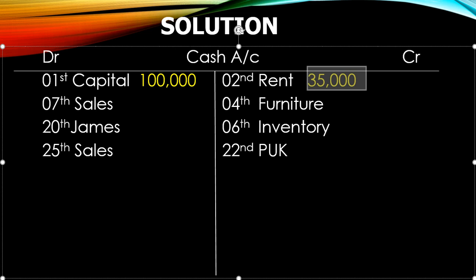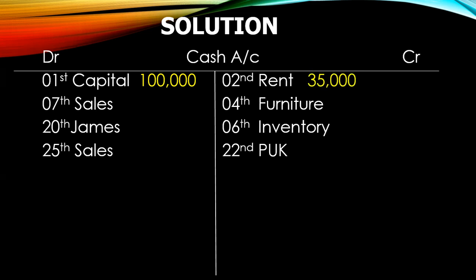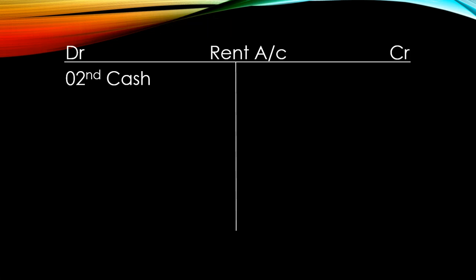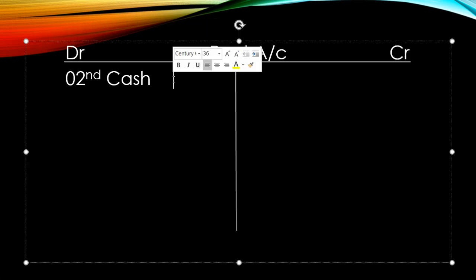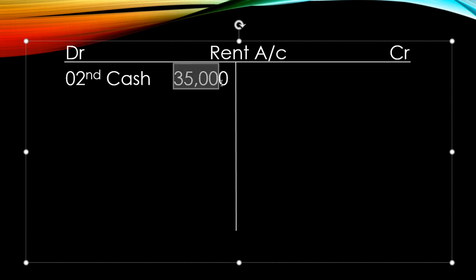Cash account has been affected. Then also rent, cash, that is 35,000. So we have posted that in the ledger accounts. Then that is done also.